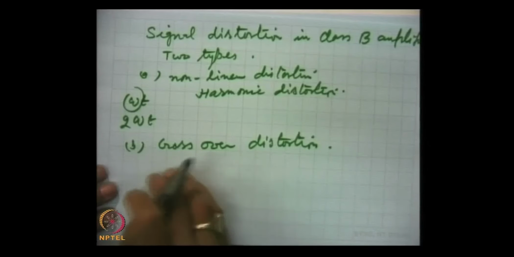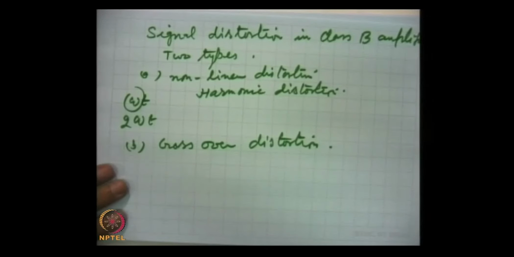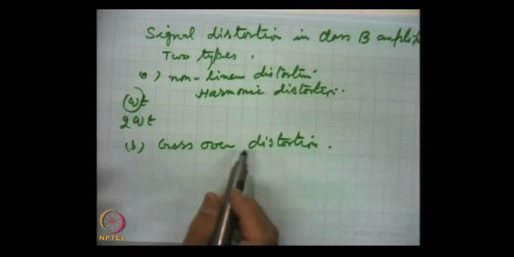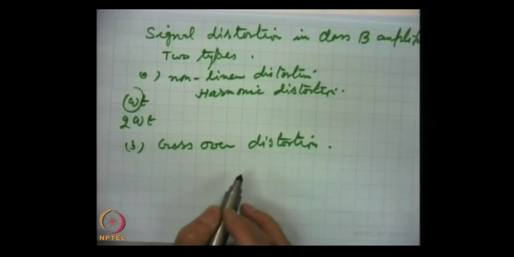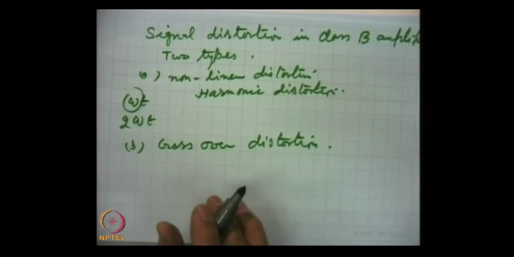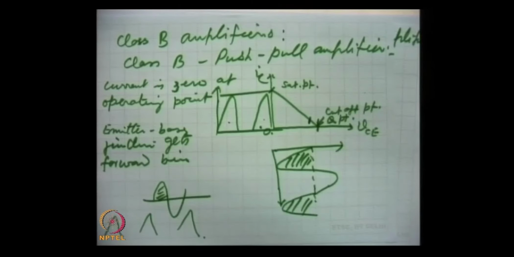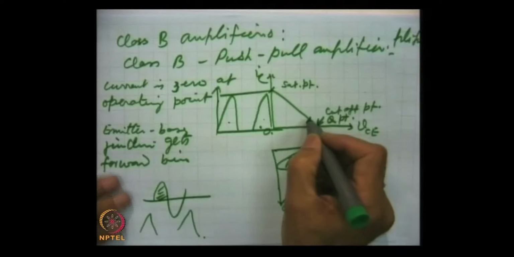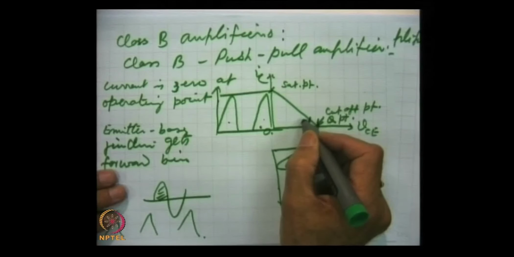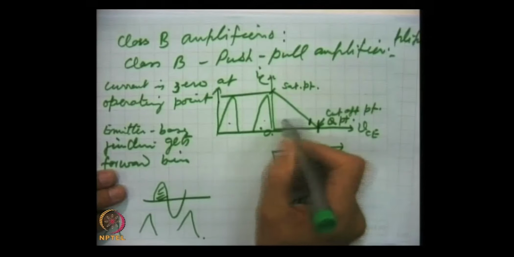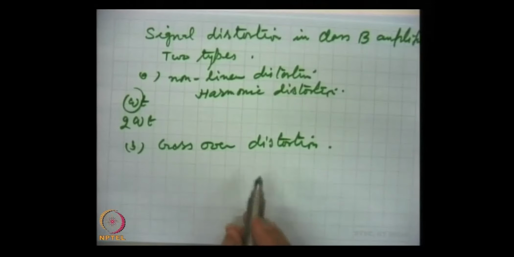This occurs for a different region, and this distortion can be corrected by moving the operating point not exactly at the cutoff, but slightly above, and this is called trickle current. We will see this and how it is provided, and then this distortion can be taken care of.